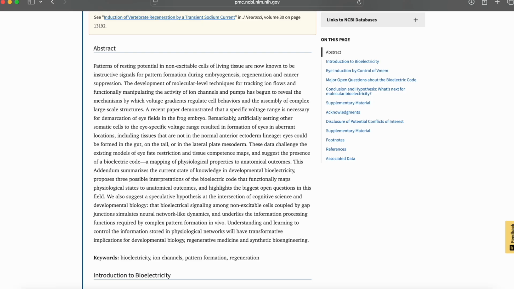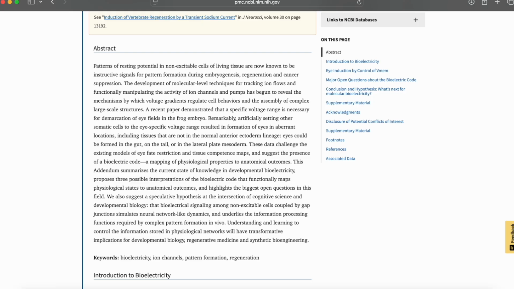A recent paper demonstrated that a specific voltage range is necessary for demarcation of eye fields in the frog embryo. Remarkably, artificially setting other somatic cells to the eye-specific voltage range resulted in formation of eyes in aberrant locations, including tissues that are not in the normal anterior ectoderm lineage.